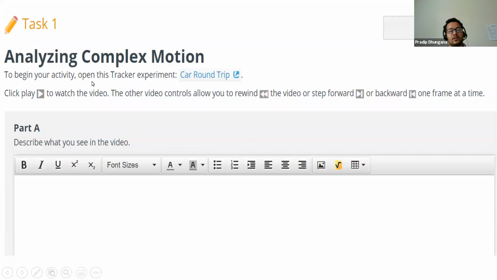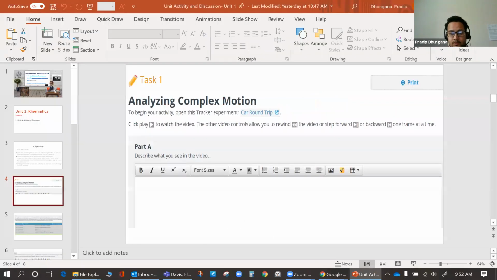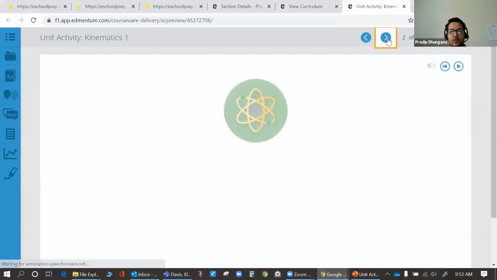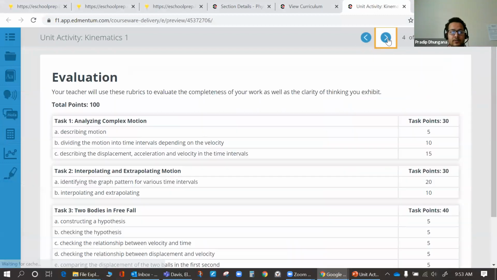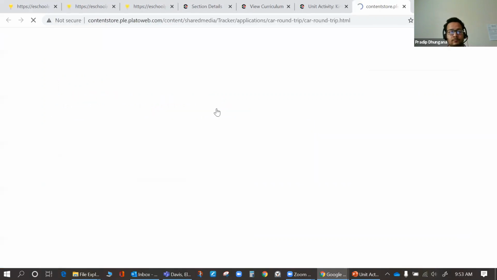To begin your activity, open this tracker car round trip. Let me go back and then I'll share this one. Let's go and find that tracker activity. Now I'll click that car round trip, and then I'll explain all those graphs and table from there.